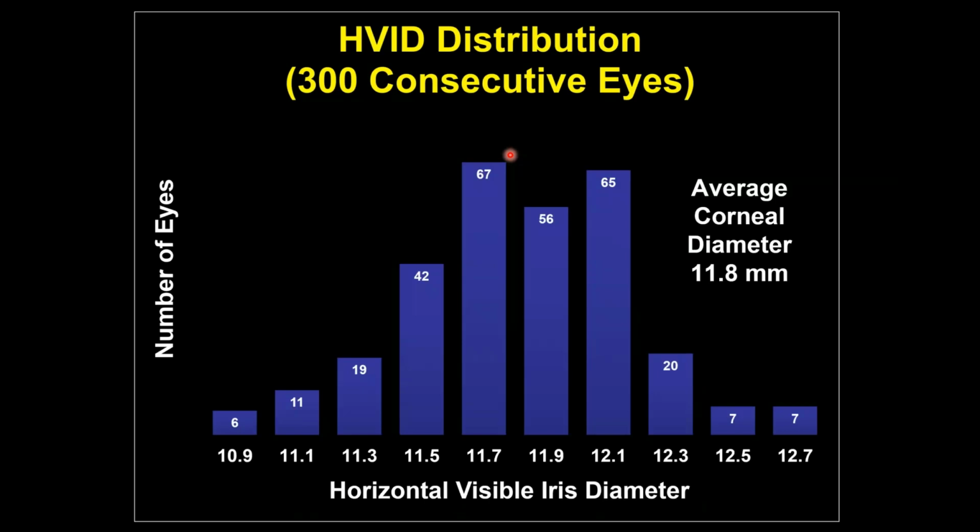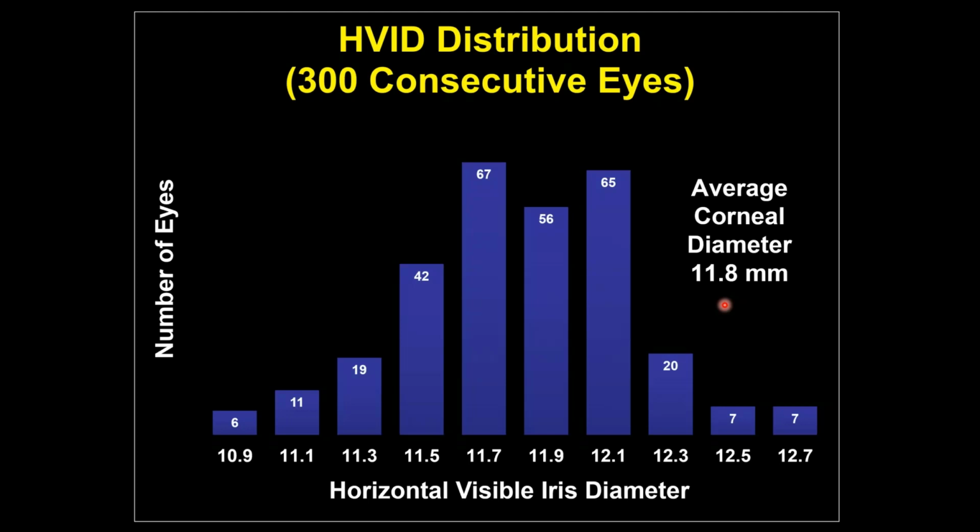Now, one of the considerations is, what is the normal visible iris diameter? And in this North American study, I know that if we went to South America, we would see a different average VID. If we went to Northern Europe versus Southern Europe, or if we went to Asia or Africa, we might see different visible iris diameters.